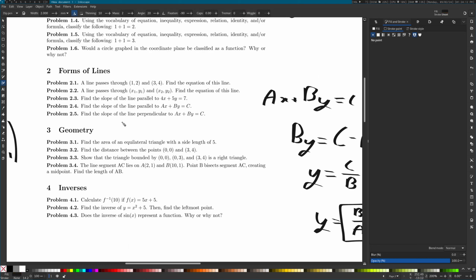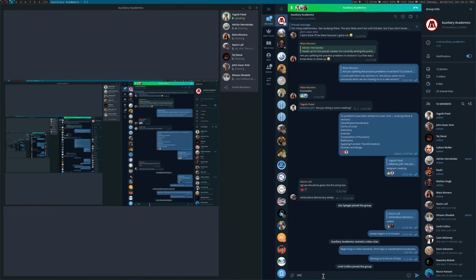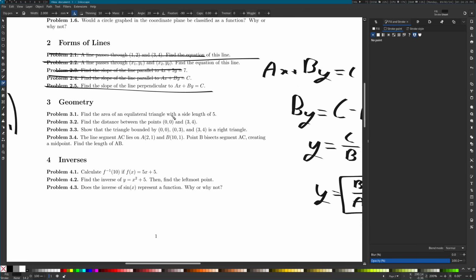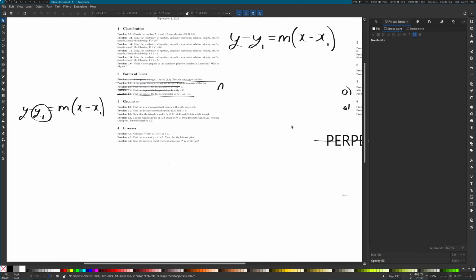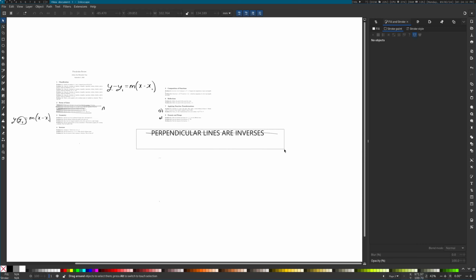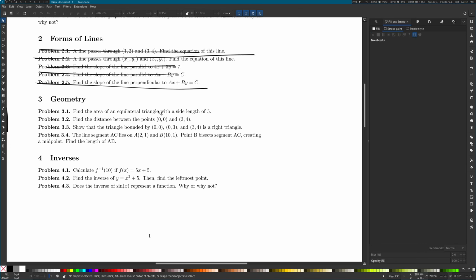So we got the slope of the line perpendicular to this. We got all these down. Now we're going to go on to geometry. Okay. Find the area of an equilateral triangle with a side length of 5.